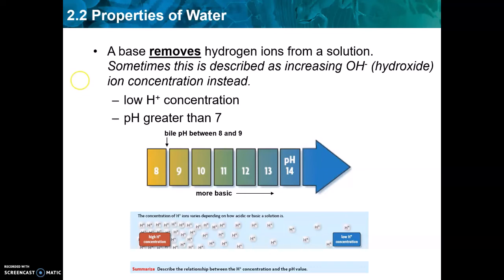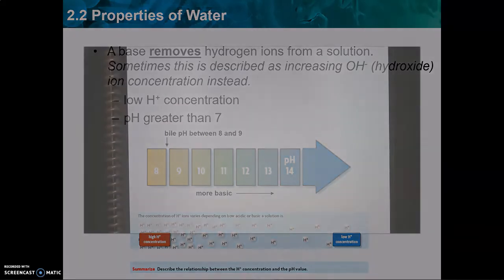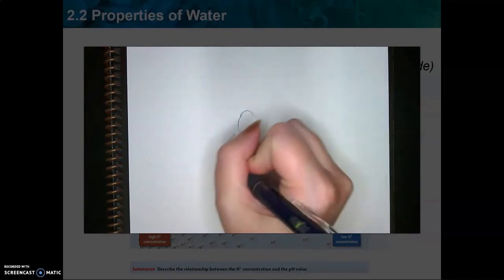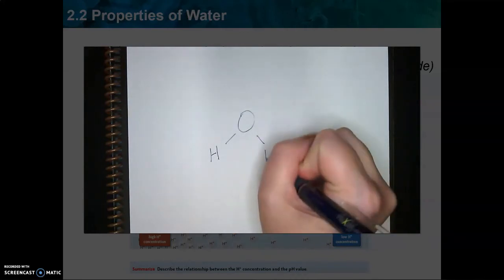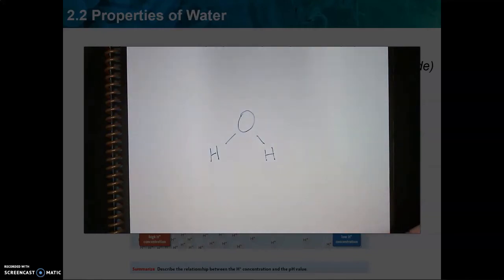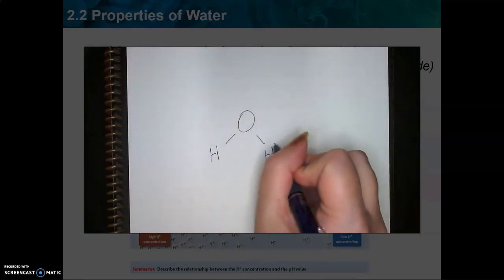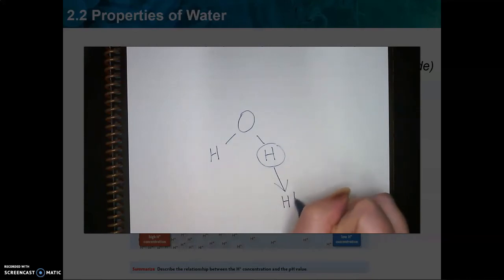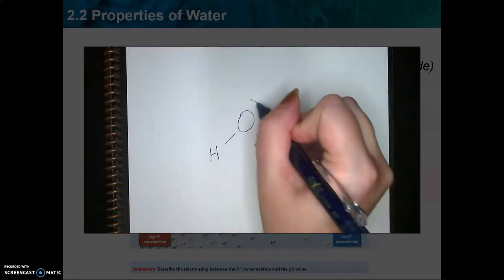So I do want to just sketch out real quick what that actually means. If we have a water molecule, and we know very well what those molecules look like at this point. Here's our water molecule. If we have a base, and our definition is a base is something that removes hydrogen ions, that means it's going to take a hydrogen and remove it in the form of a hydrogen ion from that water. Okay, that's what a base does. Well, look at what is left behind.